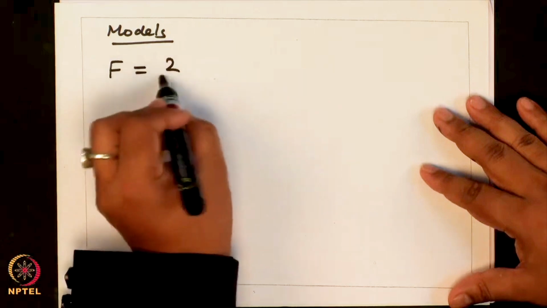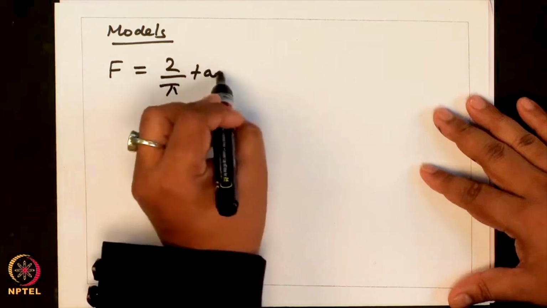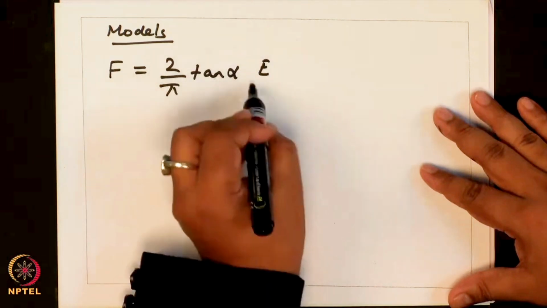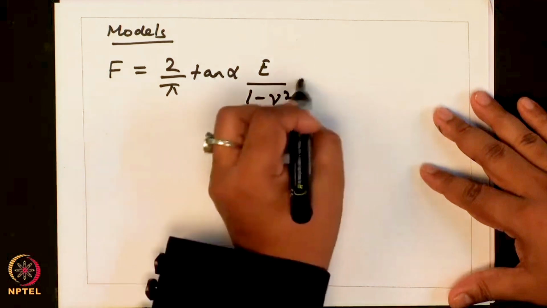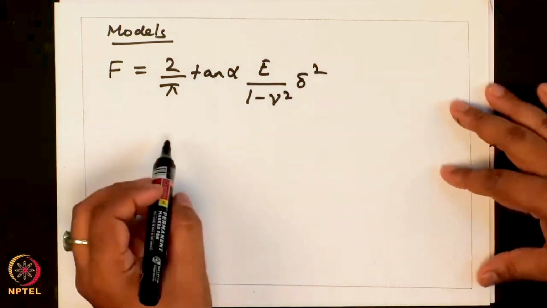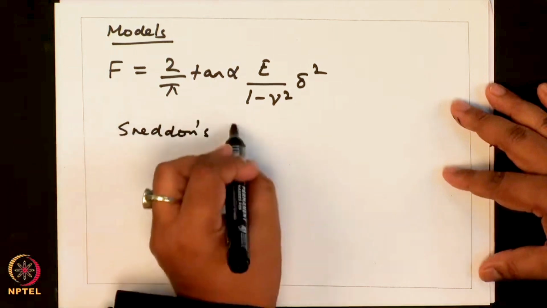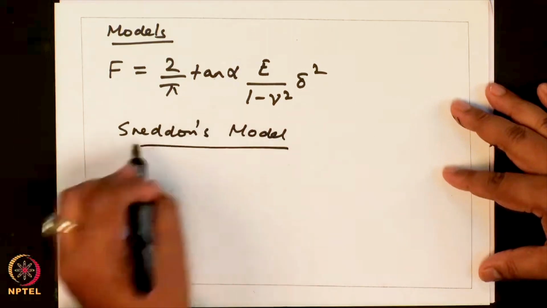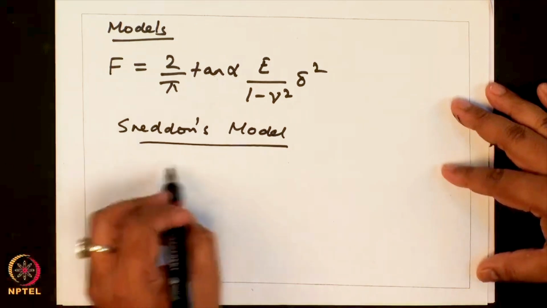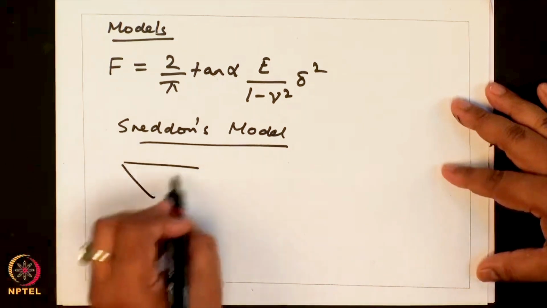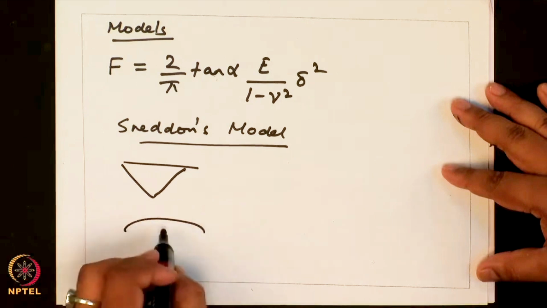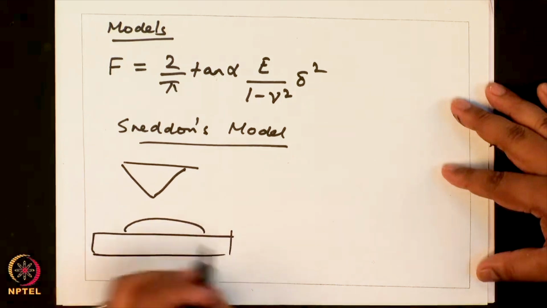Okay. For example, this is one model. Okay. So, this model is called Sneddon's model. This is applicable when you have a conical tip which is indenting your sample. Okay.